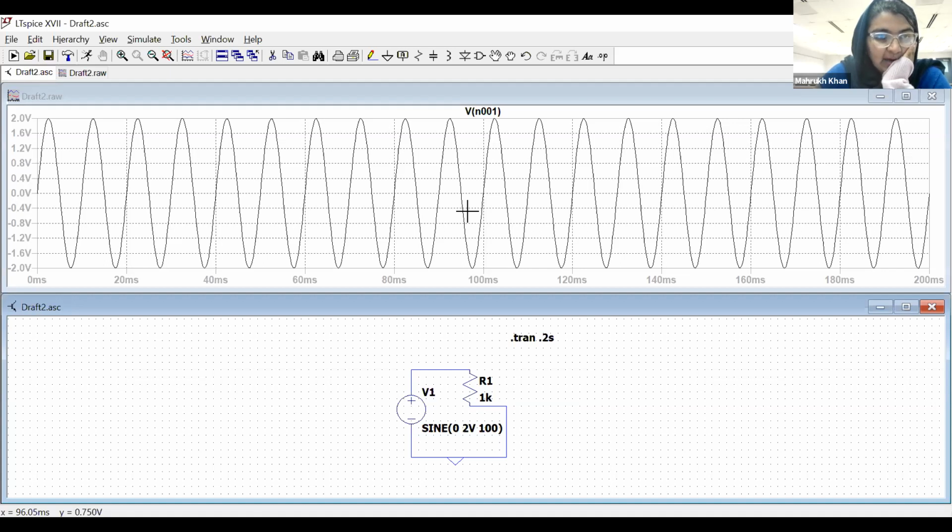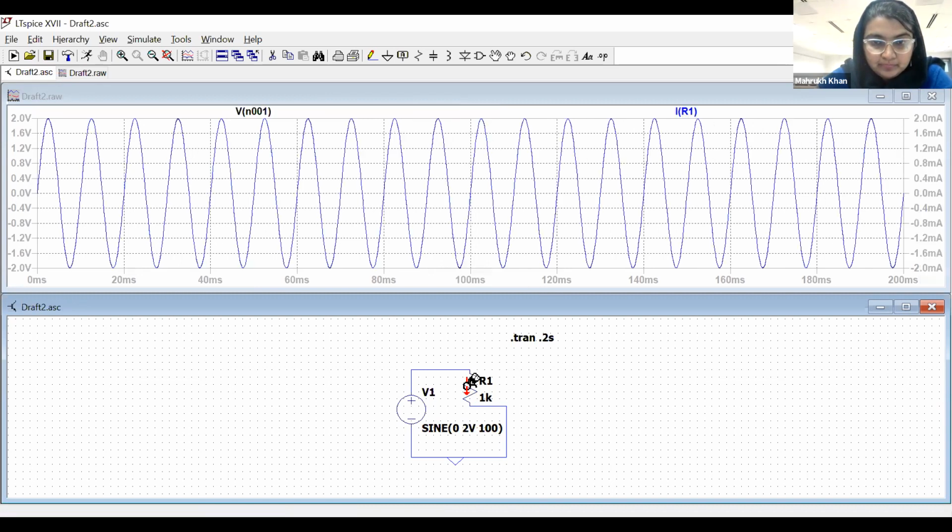So increasing to 100 hertz makes the frequency increase, right? It increases the frequency, but it should not change your resistance. So that's what you need to check by looking at your current too.